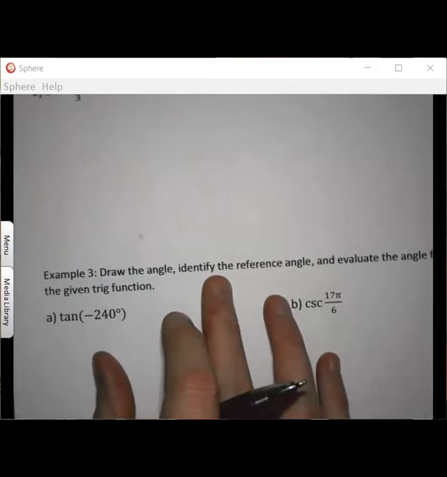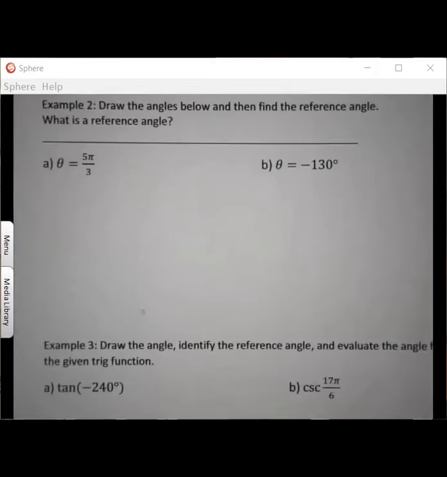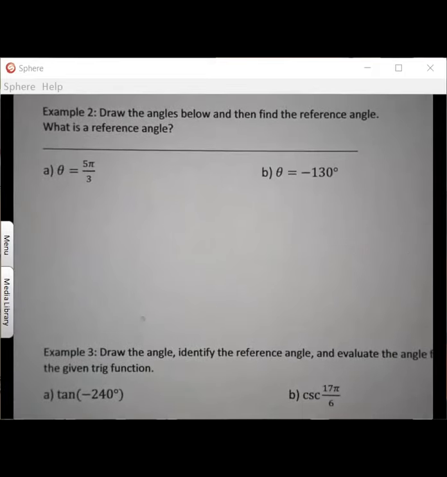Okay, so let's define a reference angle. So for example 2, we're going to draw angles that are given and find the reference angle.